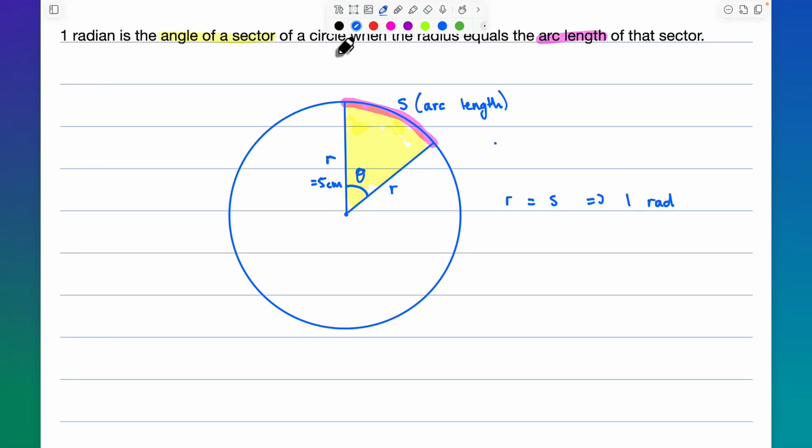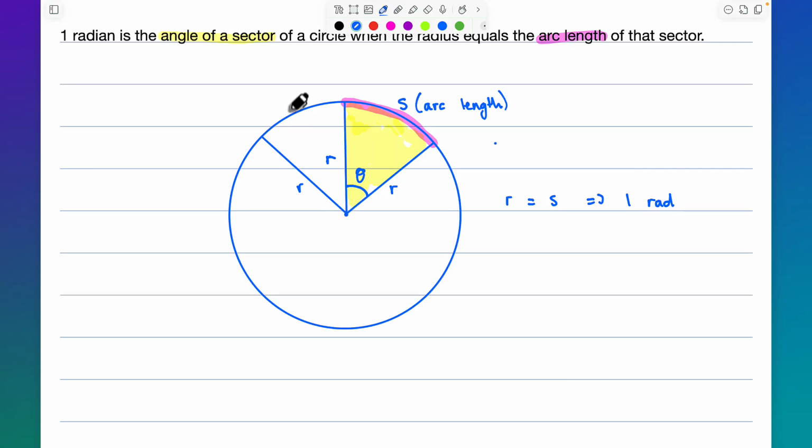All right. What if I have two sectors? Let me just remove this. If I create another radius over here, let's pretend that this is the same length, which is still R, because it's going from the center to the circumference.